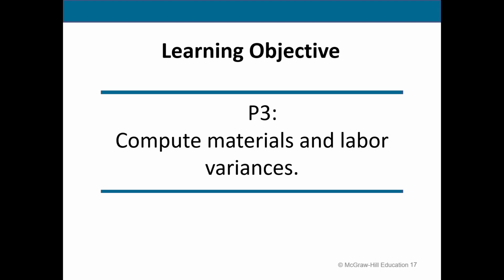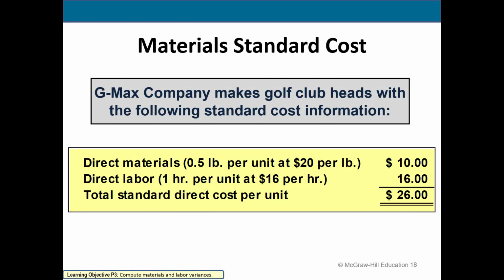So we will look at examples now of materials and labor variances. We show how to compute the direct materials and direct labor variances using data from GMAX, who manufactures golf equipment. GMAX set the following standard quantities and costs for materials and labor for 1 unit of product.